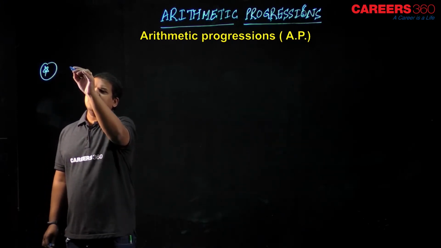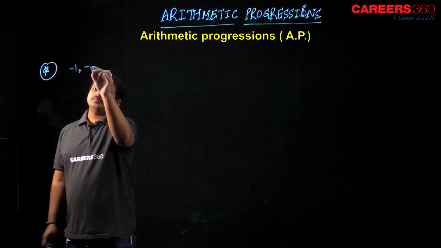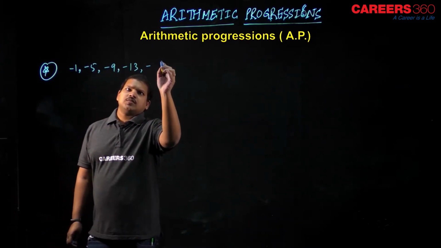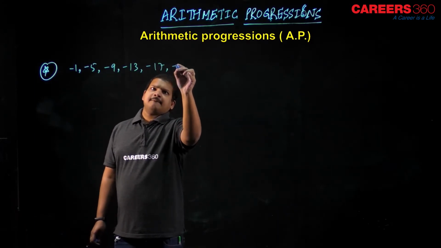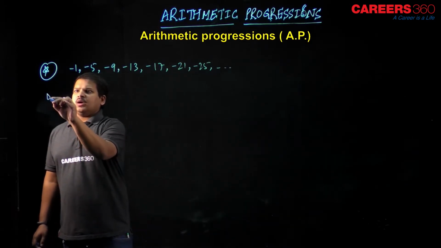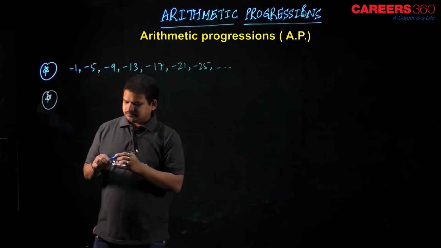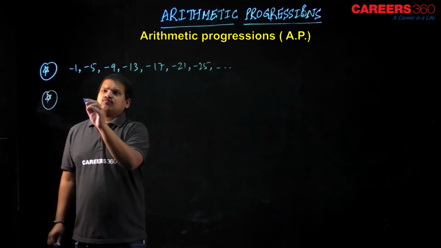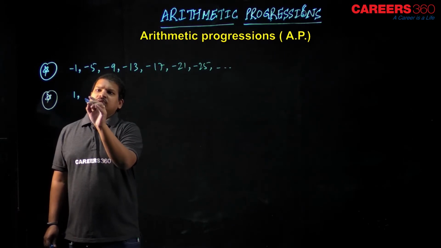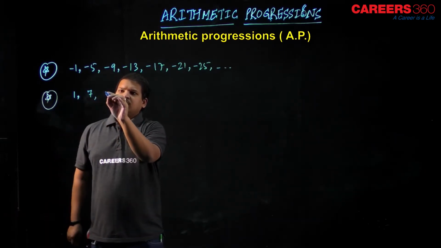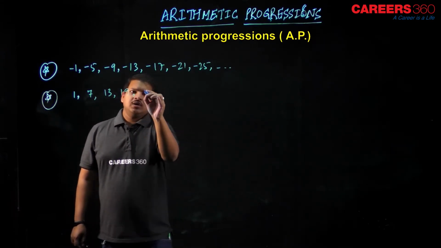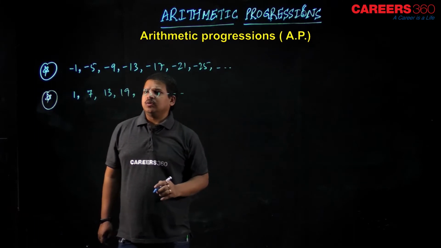For example, there is this number, and so on. Another, let's say there is this number 1, 7 and then 13 and then 19 and then 25 and so on.